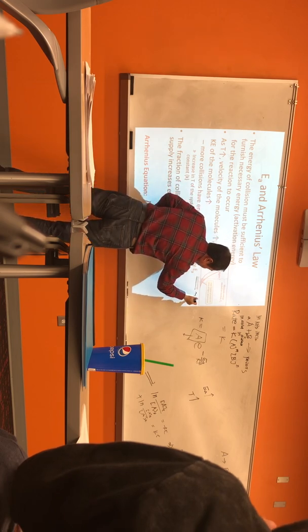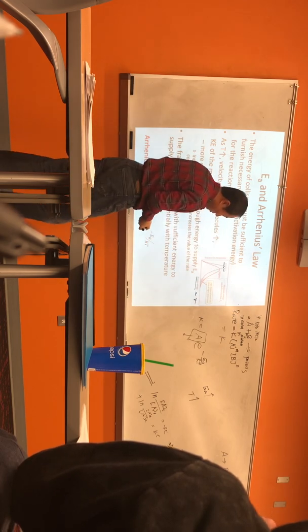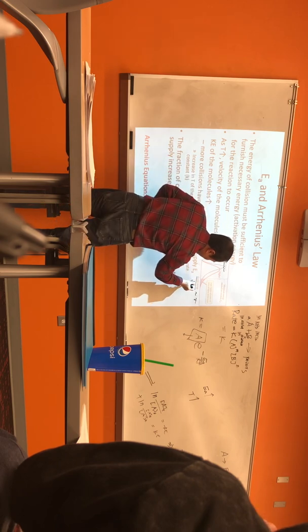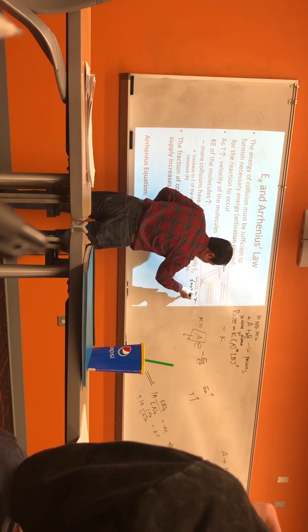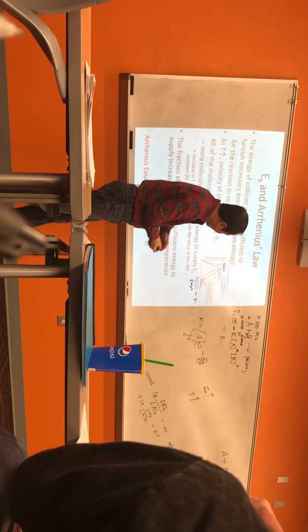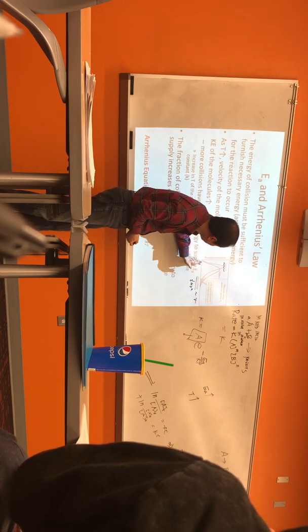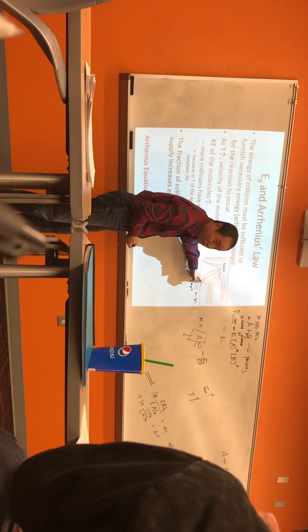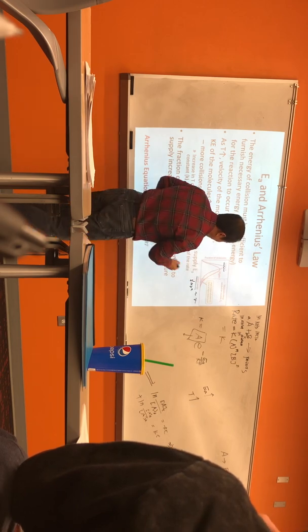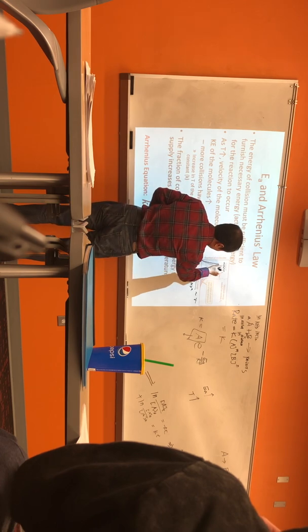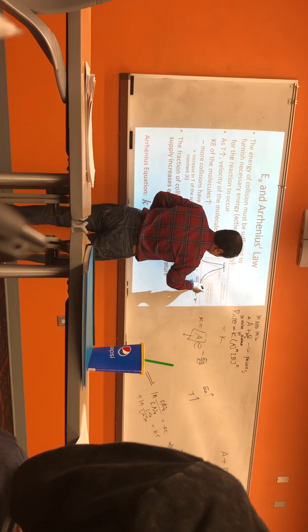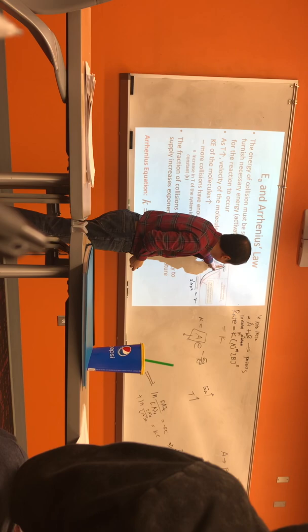Kinetic energy is related to velocity, because the formula for kinetic energy is 1/2 mass times velocity squared. So some will move slower here, so lower energy. Some will move faster. They move at all different speeds. If I draw this population, it will be like this. This is the distribution. Most of them will move at this speed.